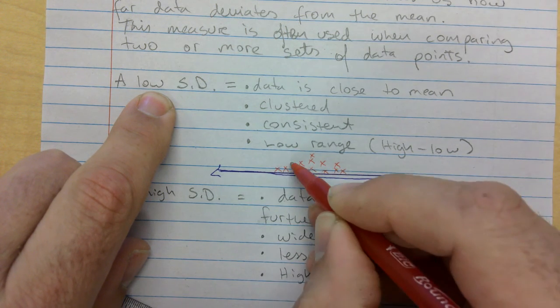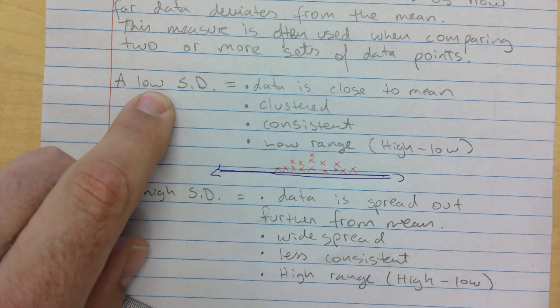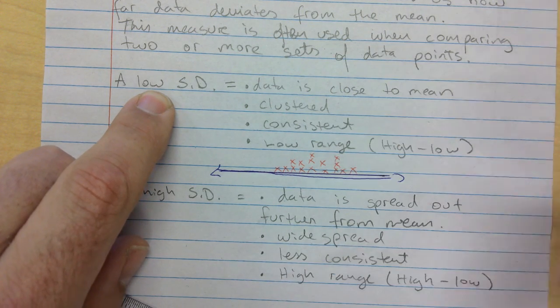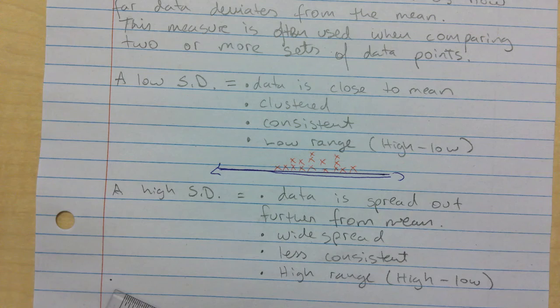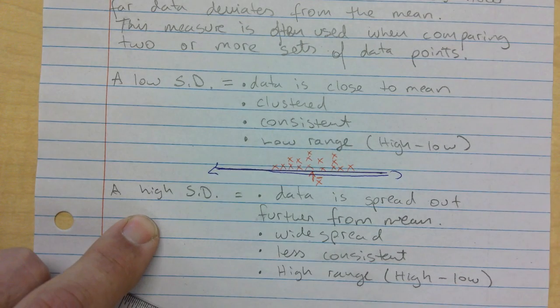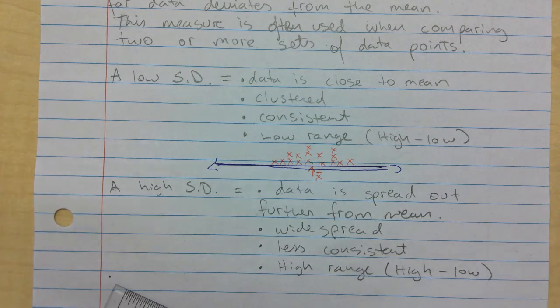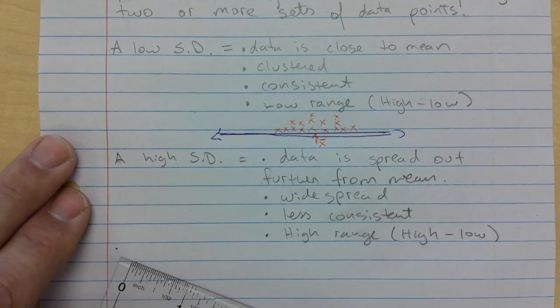Just put a bunch of points down, clustered like that. One bar might be higher than the other, but you're closer. Let's say your mean is here. Your average is right there. So you would see something like this appear on your line plot.